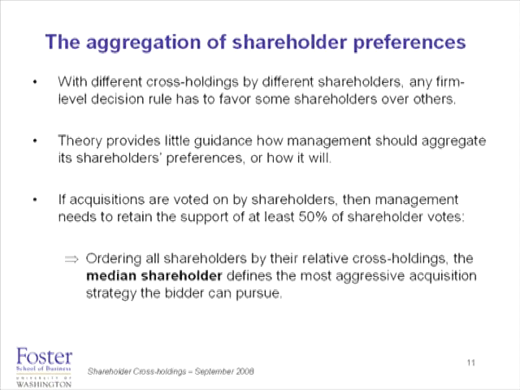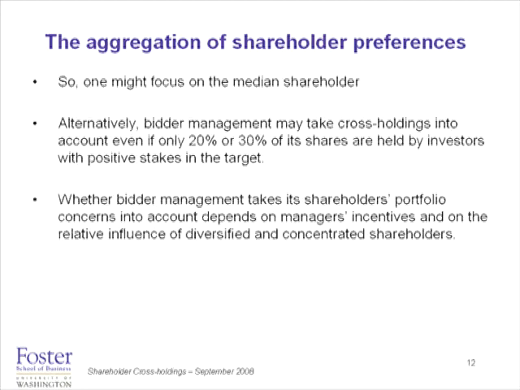So basically what I was saying before, I wanted to make it clear what I meant by median shareholder. There are a couple of ways you can think of this: they might focus on what the median shareholder prefers, or they might focus on what any relatively large block of shareholders prefers.